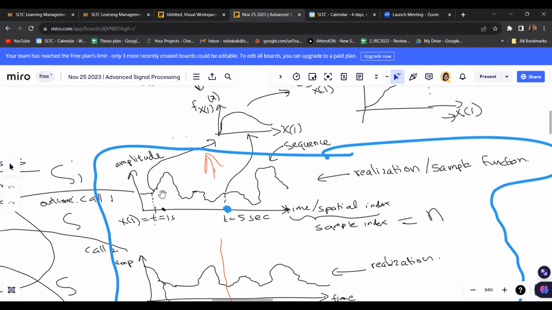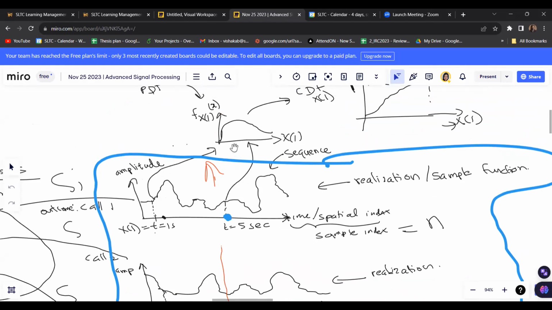And using the probability theories, we can plot the probability density function. So for a normal call that is received, the probability density function will be a Rayleigh function by theory.